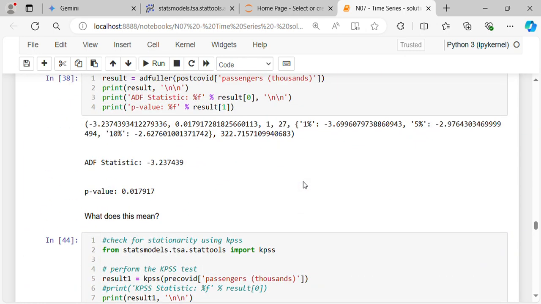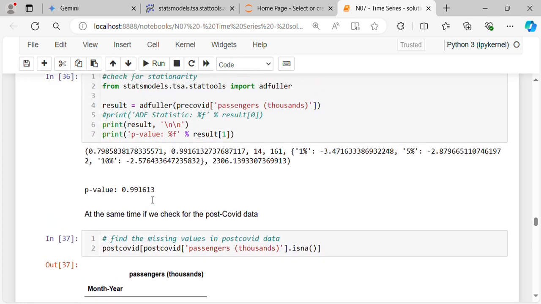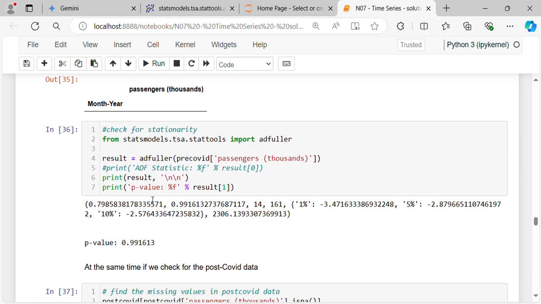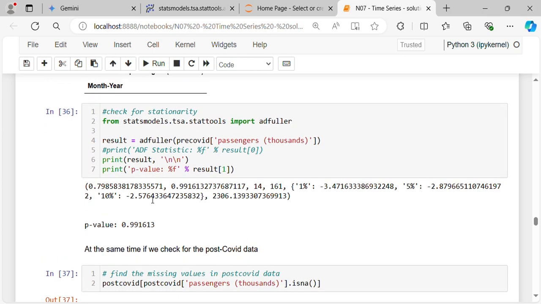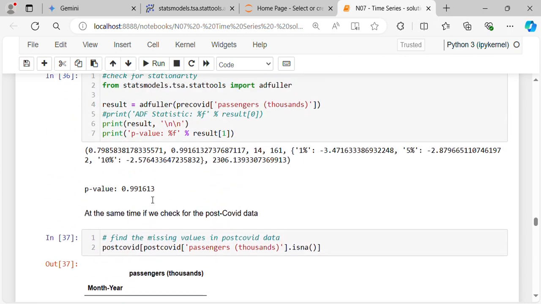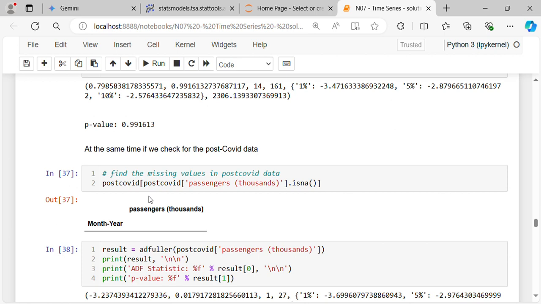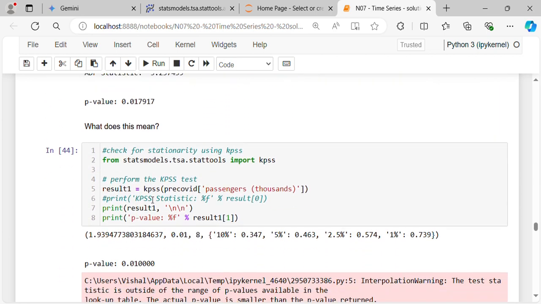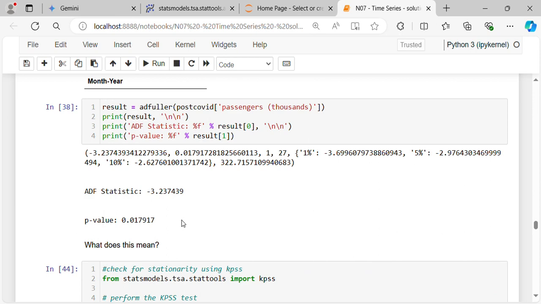Okay, but the ADF statistics shows that the p-value is less than 0.05, which is a stationary time series. So post-COVID is the stationary time series, and pre-COVID is a non-stationary time series. So in the non-stationary time series, seasonal will have effect, and in the stationary time series, seasonal will not affect.